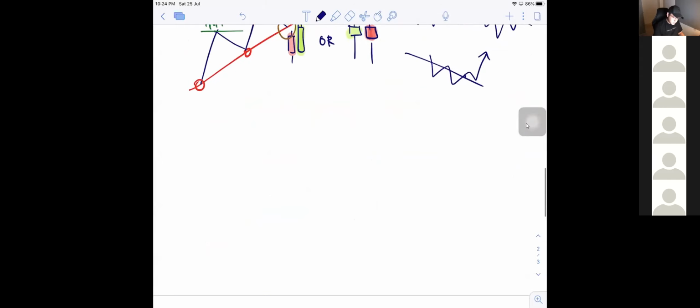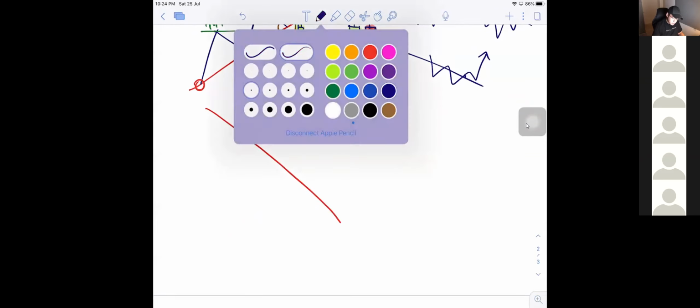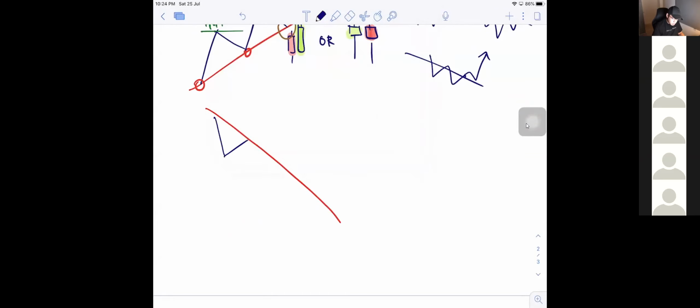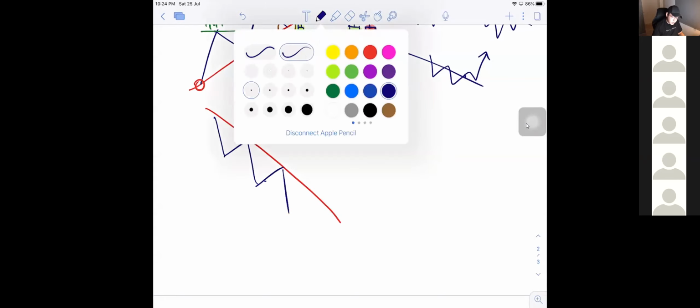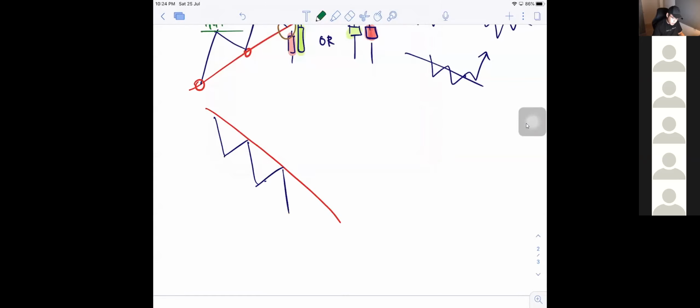So for selling we need to have a trend line going downwards, and we need market to show us that there are signs of the trend, meaning that we need to have a lower low, and first touch, second touch. Okay, so again the same thing.